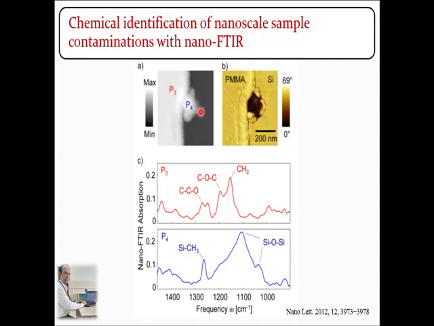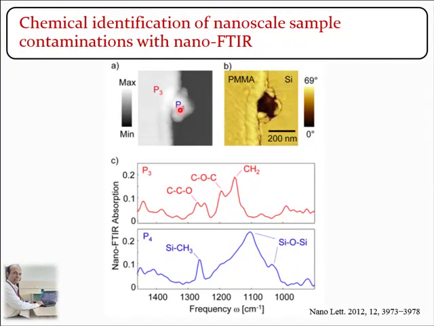By taking a nano-FTIR absorption spectrum in the center of the particle, that is marked with P4, we find a significantly different spectral signature compared to the spectrum taken on the PMMA film at the position marked with P3.